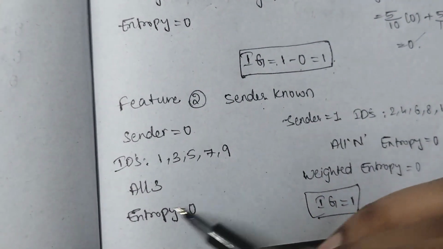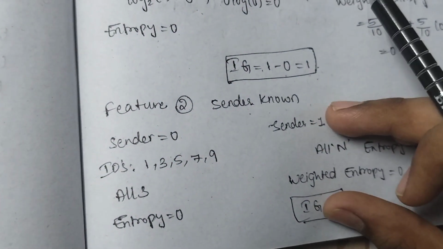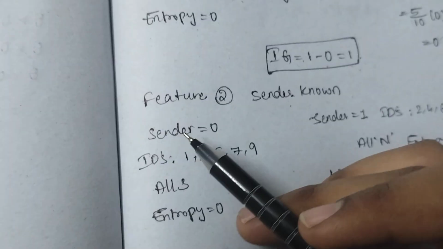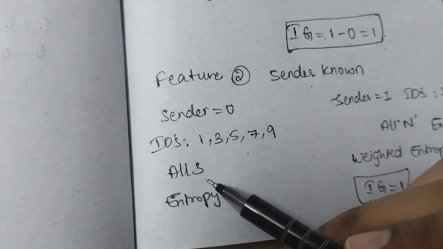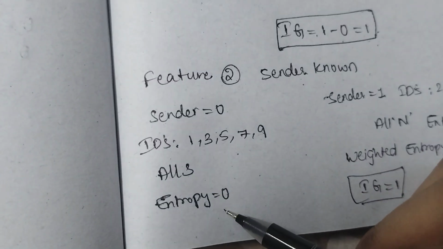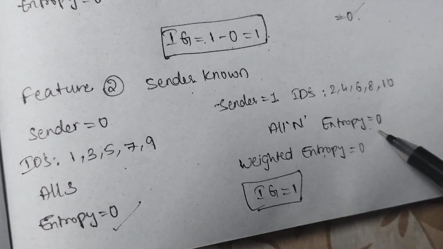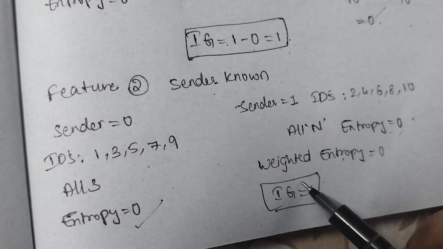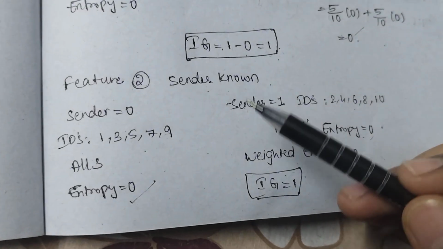Again we split it into sender 1 and 0, spam and not spam. All the IDs where it is 1 are spam, so entropy becomes 0. Where all are not spam, entropy again becomes 0. The total IG becomes 1. So basically this also gave us the perfect split.